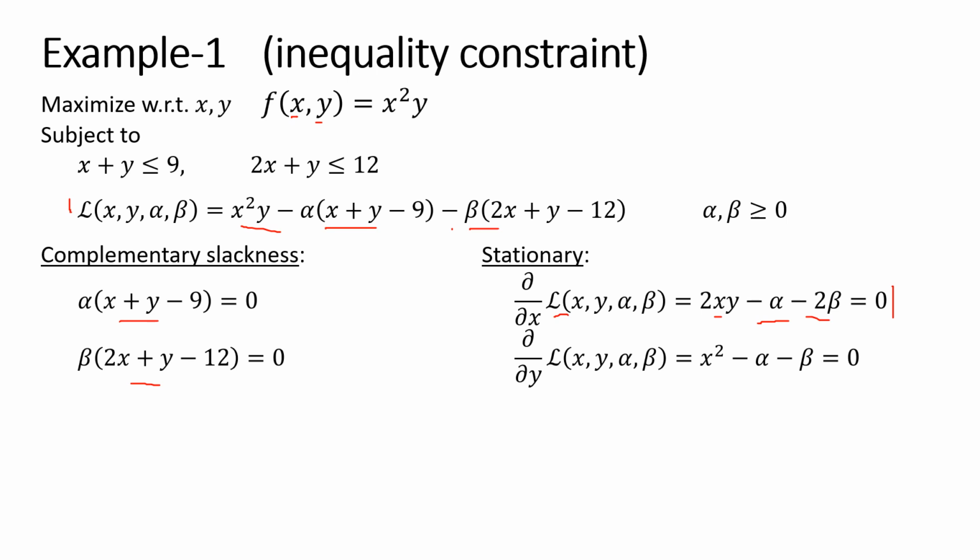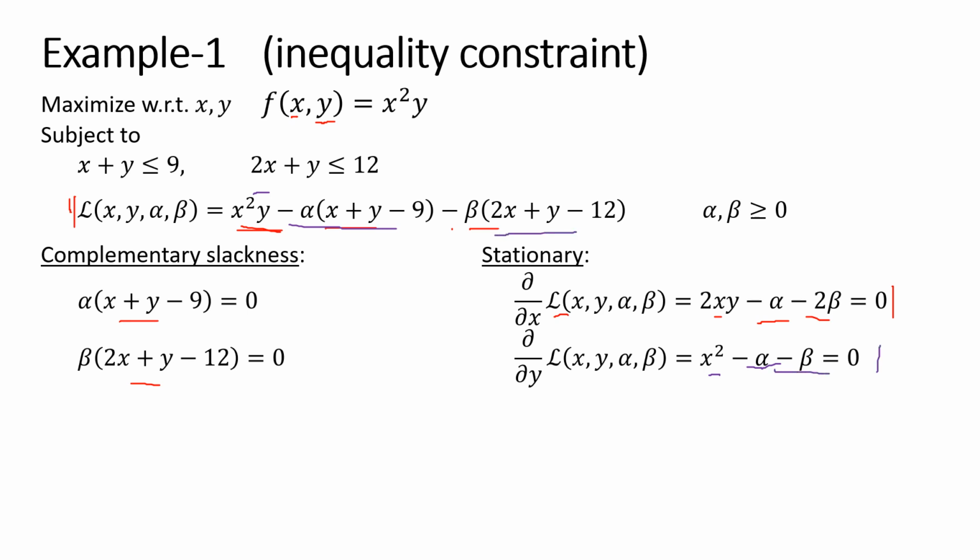The second stationary condition is when we differentiate the Lagrangian with respect to the second primal variable y. The derivative of x squared y with respect to y is x squared. The derivative with respect to y of the second term is negative alpha, and the derivative with respect to y of the third term is negative beta.